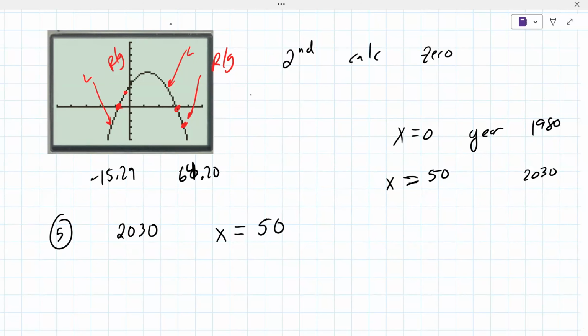Okay, so y equals negative 0.339 x squared, no, 50 squared, plus 16.579 x plus 332.875.